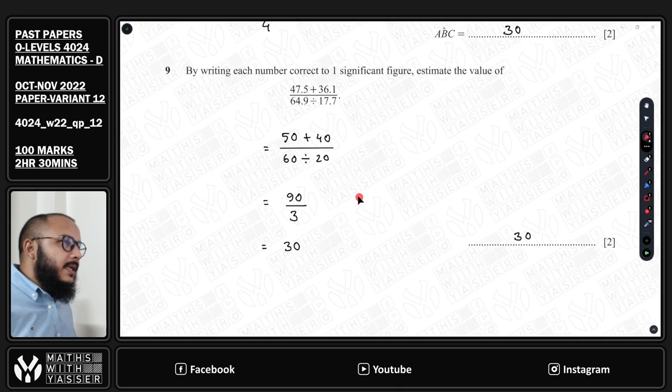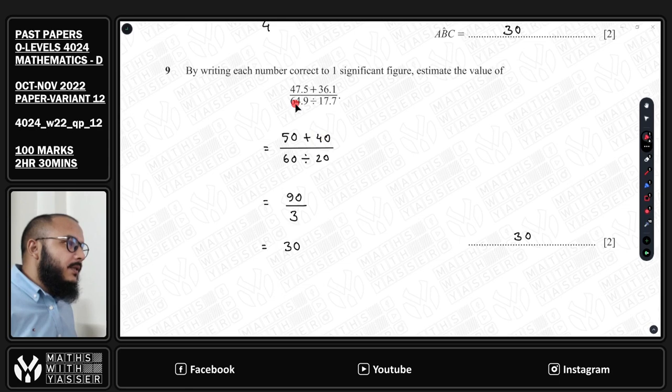Question number 9. It says, by writing each number correct to one significant figure, estimate the value of 47.5 plus 36.1 over 64.9 divided by 17.7. So let's first correct them to one significant figure. In 47.5, the 7 will change the 4 to 5, and this will become 50. In 36.1, the 6 will change the number 3 into 4, it will become 40.